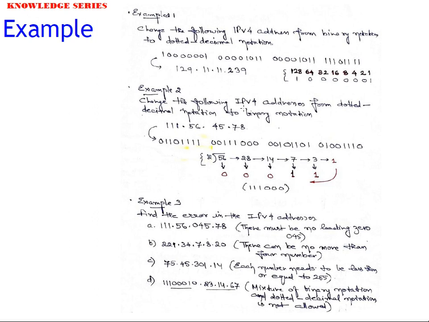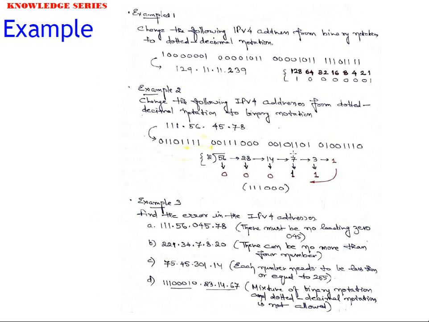Second example: convert the IPv4 address from dotted decimal to binary. So you have this dotted decimal. Let's take 56 divided by 2. You get a remainder of 0, which means it is easily divisible. Then 28 divided by 2, again remainder 0. Easily divisible, 0.